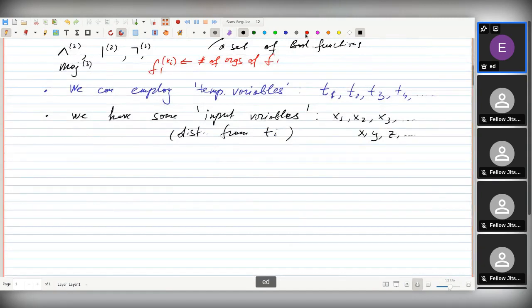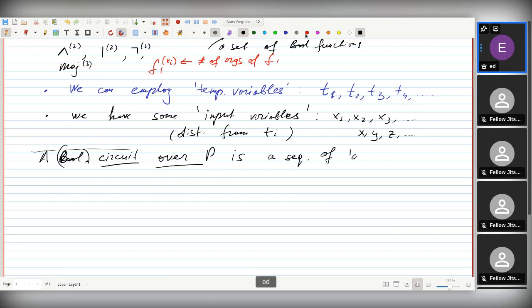What is a Boolean circuit? A Boolean circuit, or for short just a circuit, over P, is a sequence of the so-called assignments.